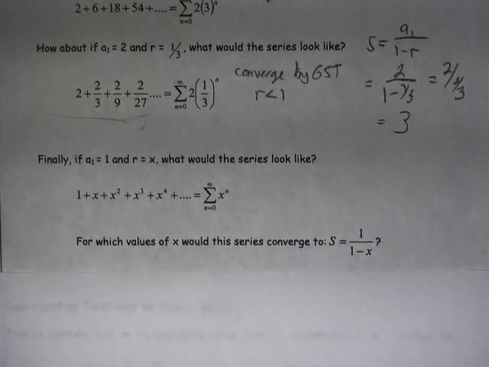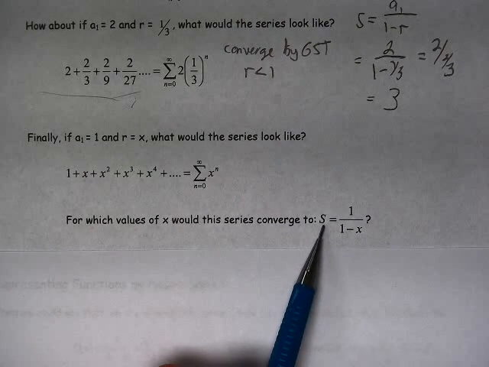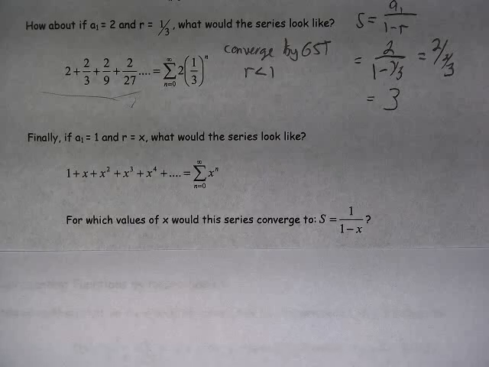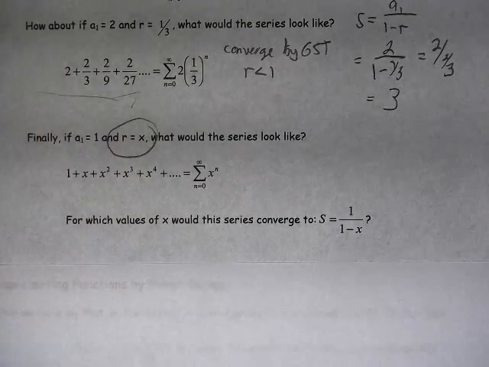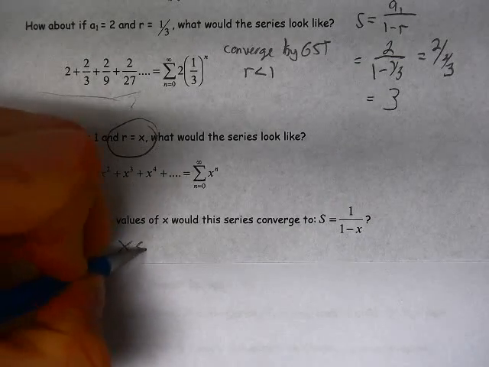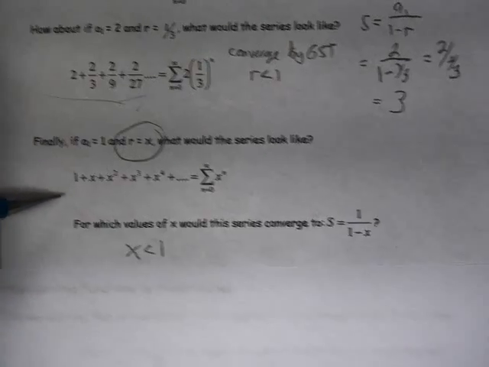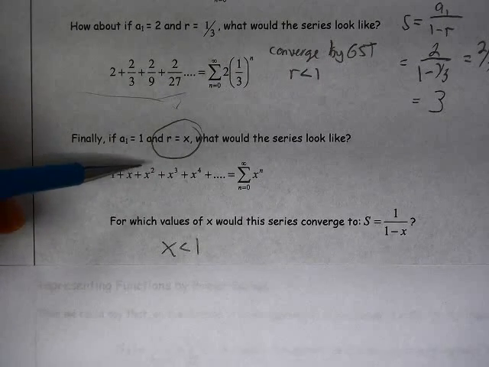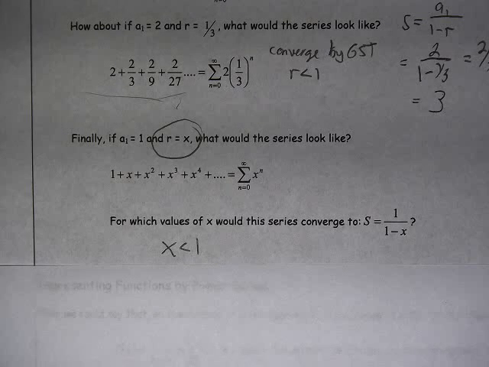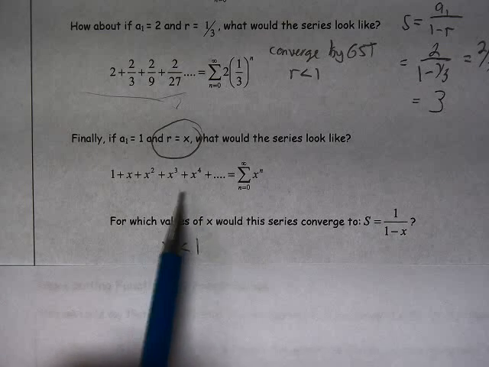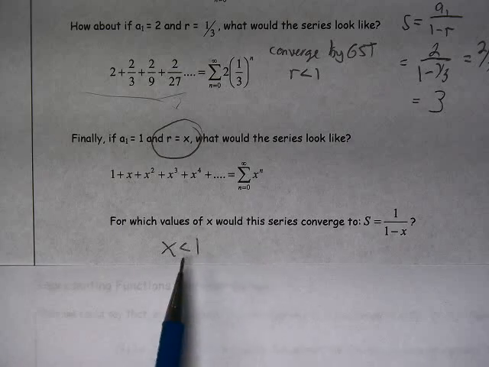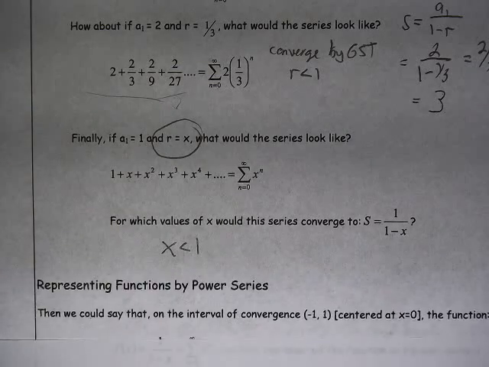So that's going to converge to this sum, 1 over 1 minus x, but only for specific values of r, in this case, x. Only if x is less than 1 does this series converge. Otherwise, the higher power of x we have, the bigger that term is going to be, and we're going to diverge anyway. So to get this kind of a sum from this series, we have to have x less than 1.